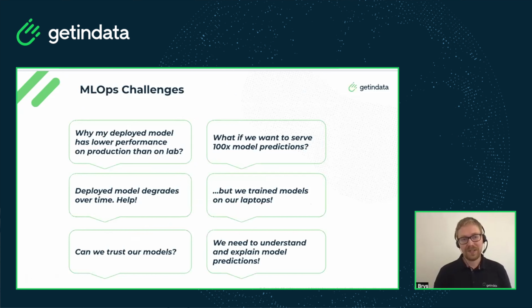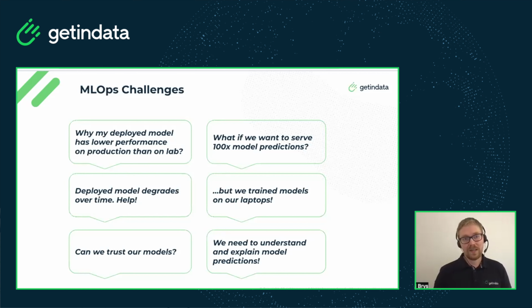Here are the questions I hear quite often from the data science teams I'm implementing MLOps solutions for. For example, I hear: why does my model have lower performance in production than in the laboratory environment? The model degrades over time. There are considerations like, can we trust our models?